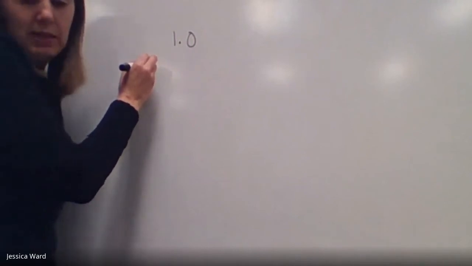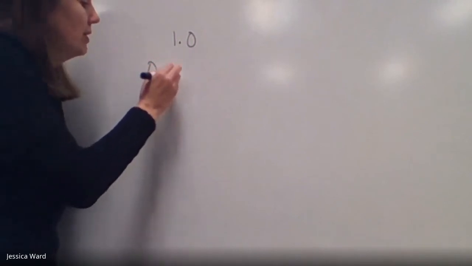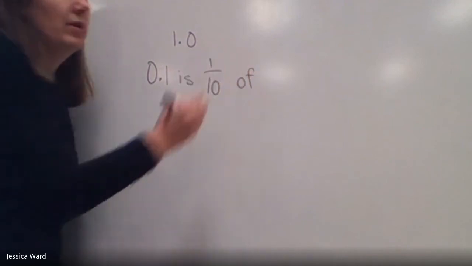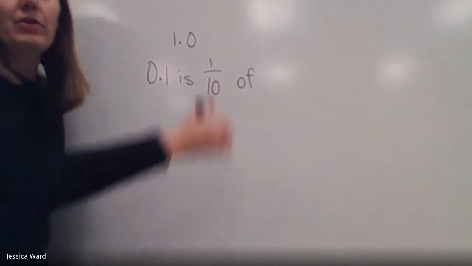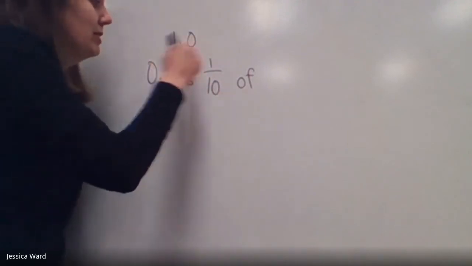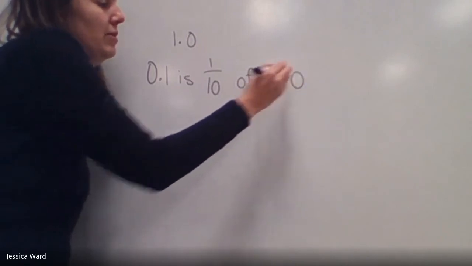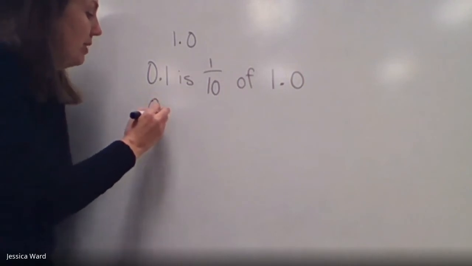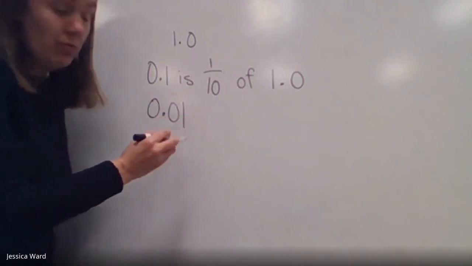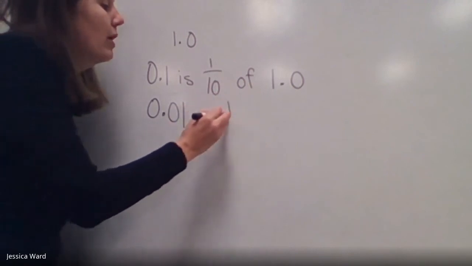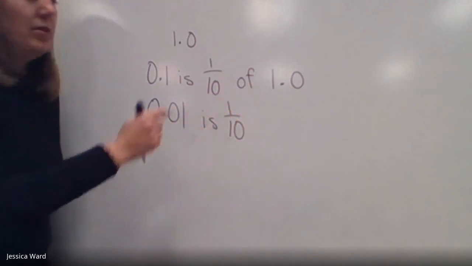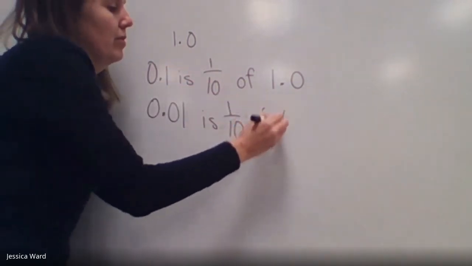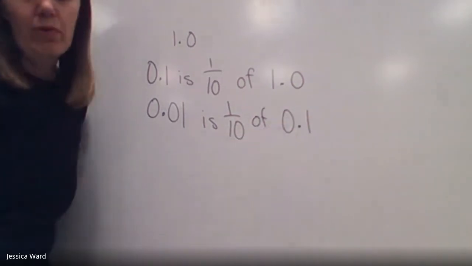In the next box, it says 0.1 is 1/10 of, so it's 1/10 of the value that comes to the left, so it would be 1/10 of 1.0. Now for hundredths, we have 0.01 or 1/100th is 1/10 of, so it's 100th of 1, but it's 1/10 of 0.1 or 1/10.